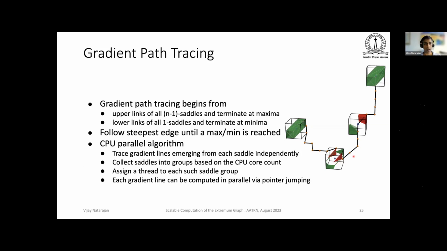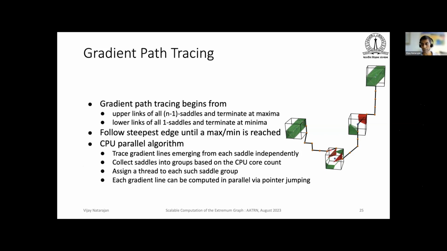local maximum. Alternatively, if minima and saddles are relevant in the particular data, then instead of tracing steepest ascent, we would trace the edges of steepest descent from the one saddles. So we terminate these traversals when the local maximum, or correspondingly the local minimum, is reached.